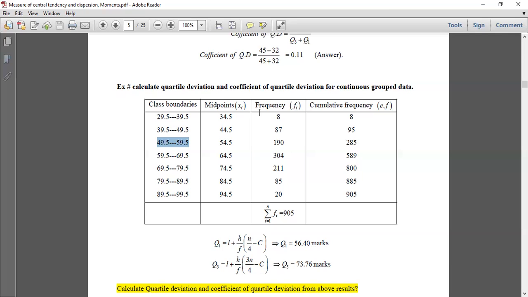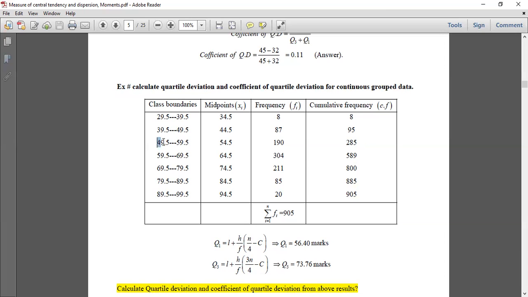That is 905. 51 is equal to 20. Sir, we have to subtract the lower from the upper, that is 69 minus 49, right? 59.5 minus 49.5. The value is 226, that lies between 285.